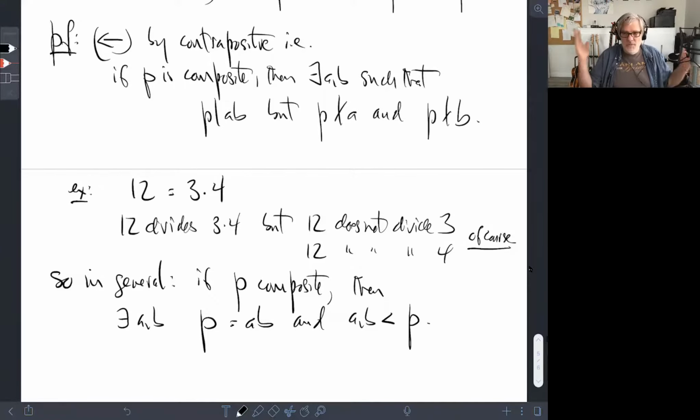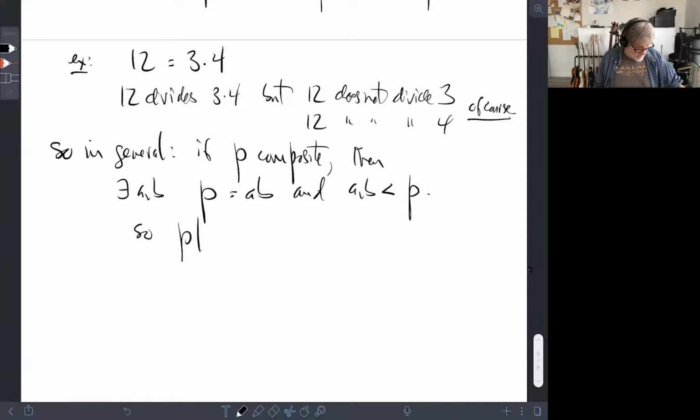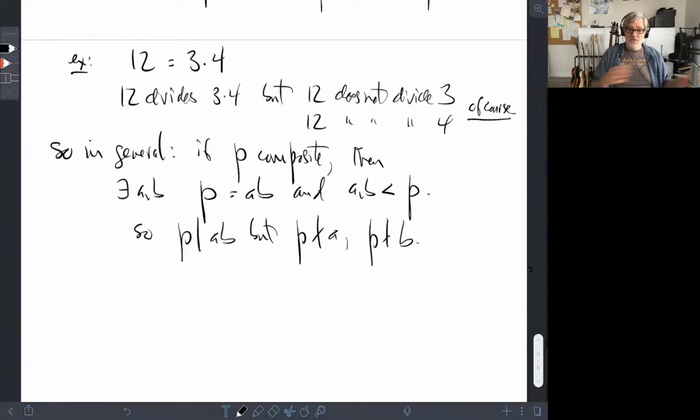They're bigger than 1, but I don't care. And so P divides A times B. It's equal, so it actually divides. But P cannot divide A and P cannot divide B. They're too small. P is bigger. So that's it. So you understand the example.